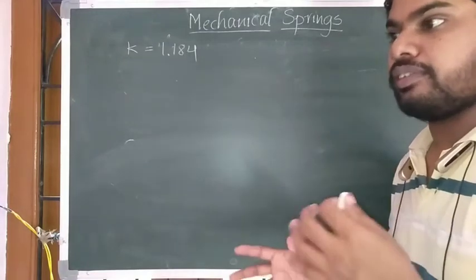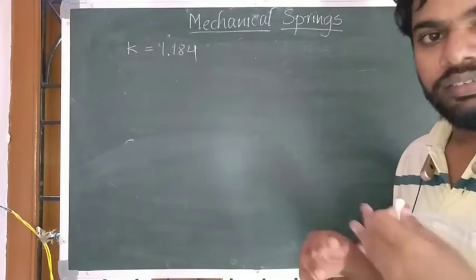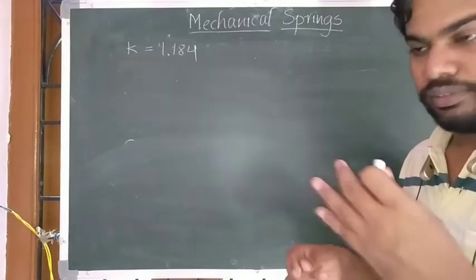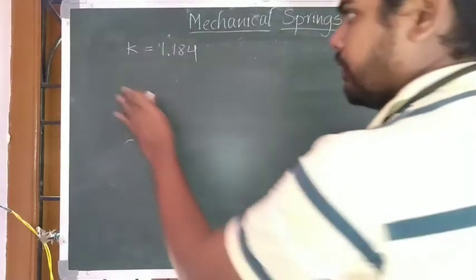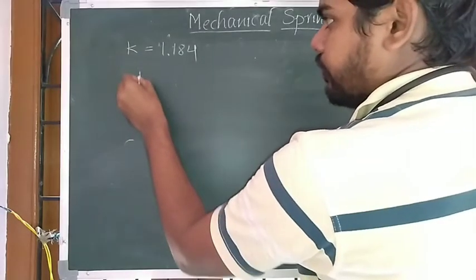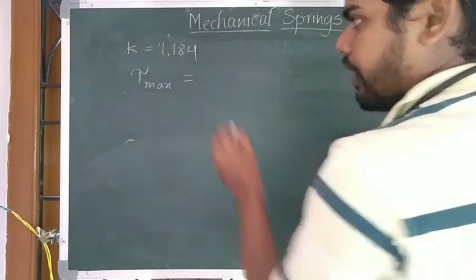Design means we have to calculate all the parameters like mean coil diameter, wire diameter. So we have to find all these values. We know the relation for shear stress, the maximum shear stress tau maximum.